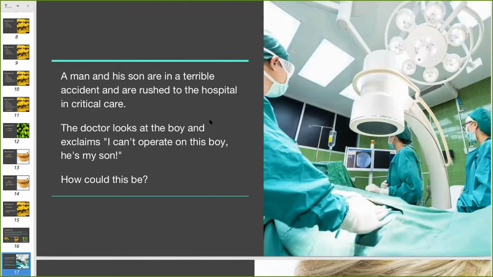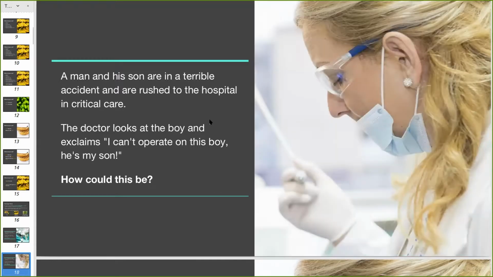These are the things that we first think of, but what people don't really think about is that there's a possibility that the doctor in the operation theater is a lady, and it's her son. That's a possibility as well. But it's not something people can immediately think of, because somehow we are biased toward thinking of doctors as belonging to a specific gender.